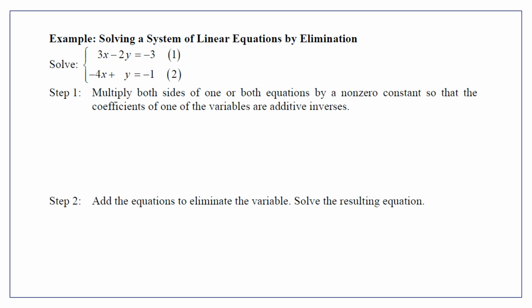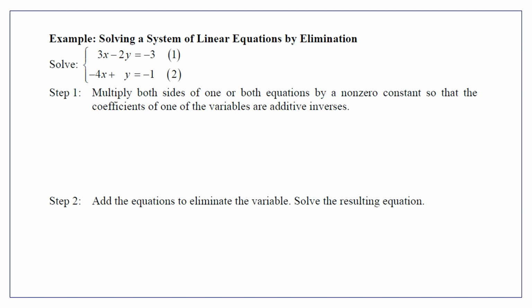So the first step, we need to multiply both sides of one or both equations by a non-zero constant so that the coefficients of one of the variables are additive inverses, meaning they are the same value, opposite signs. So negative 2 and 2, or 4 and negative 4.